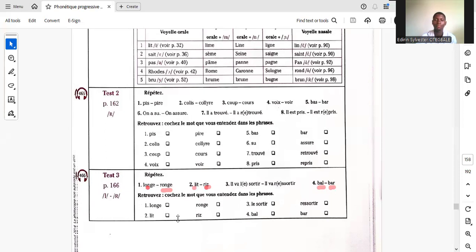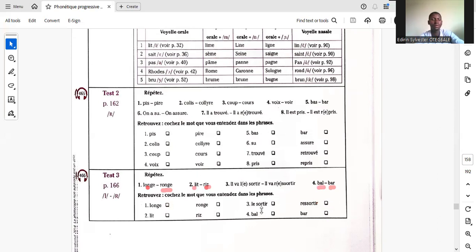Un, il le longe. Deux, ce riz est très cher. Trois, il faut ressortir. Quatre, je vais au bal.